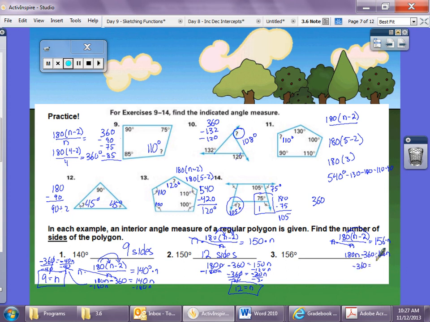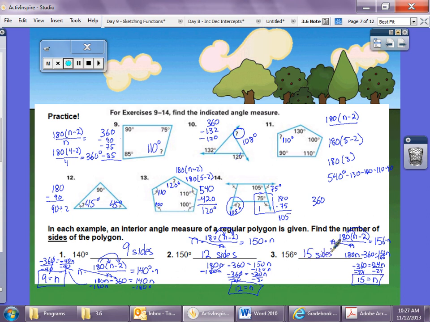So that will give me negative 24n. Divide by negative 24. So negative 360 divided by negative 24 is 15. So this has 15 sides.